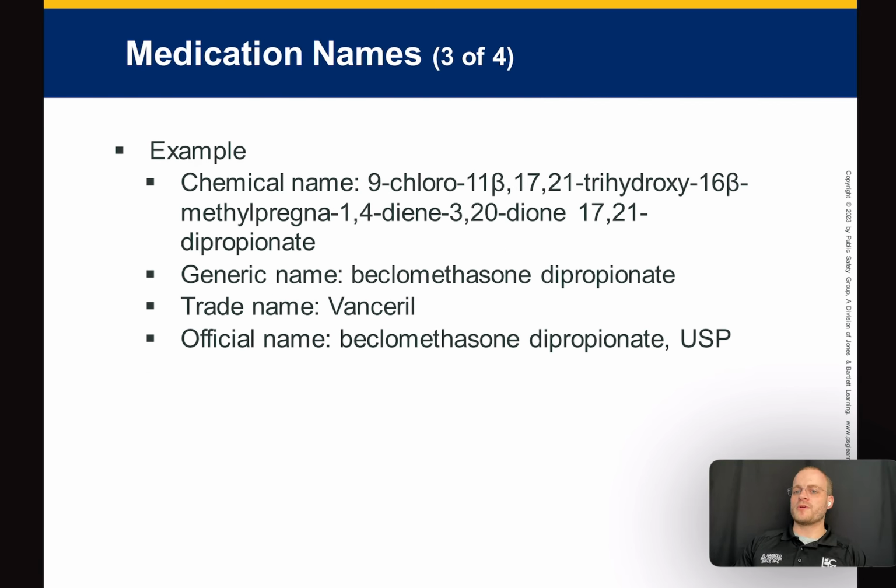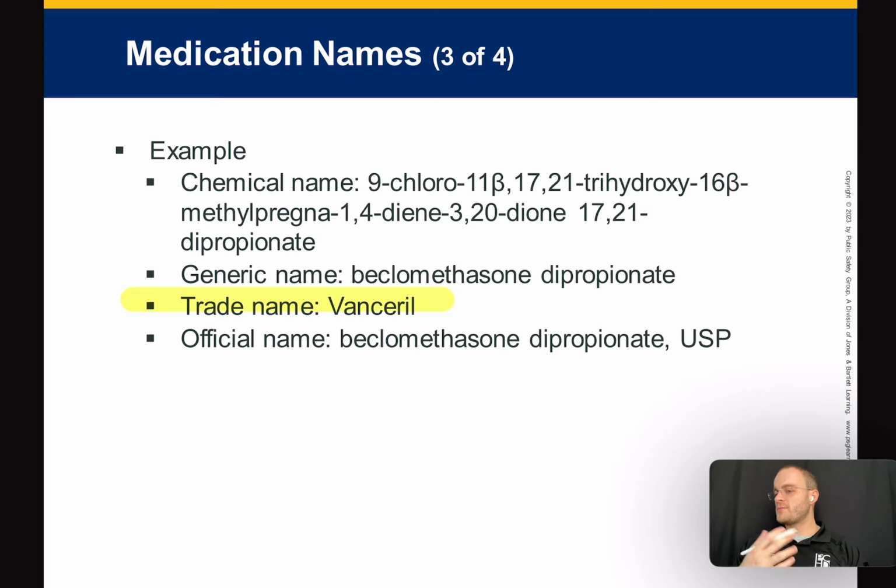Chemical name, I'm not going to read that to you, right? Generic name, this is a really weird example, right? Beclomethasone dipropionate, right? And the trade name would be Vanceril. And so let me tell you why trade names exist initially. It's for marketing, and it's because it's a lot easier. They'll usually make trade names catchy, right?